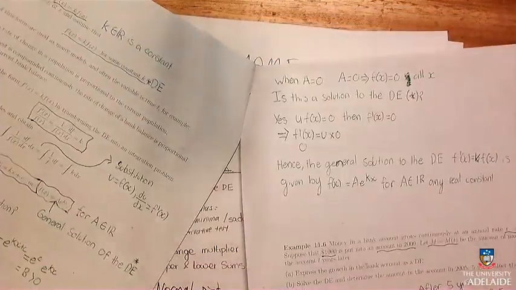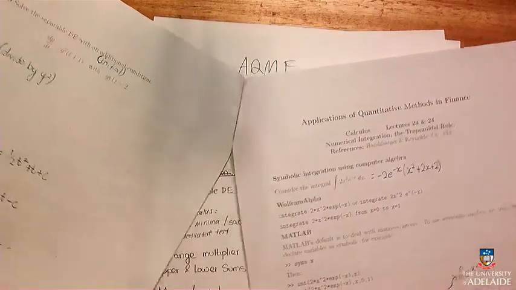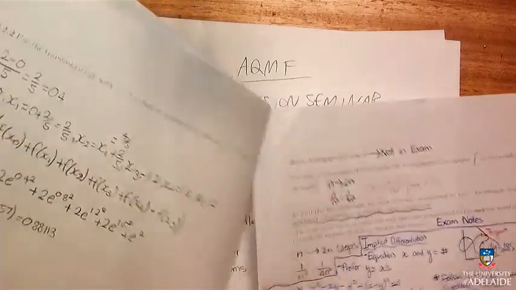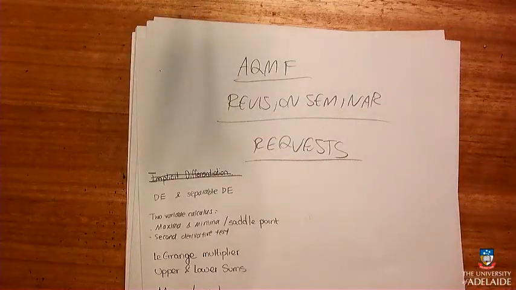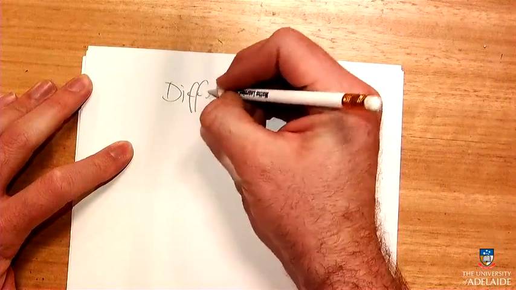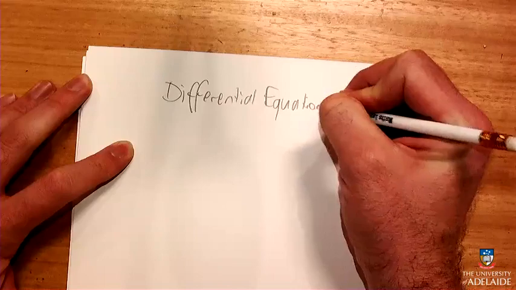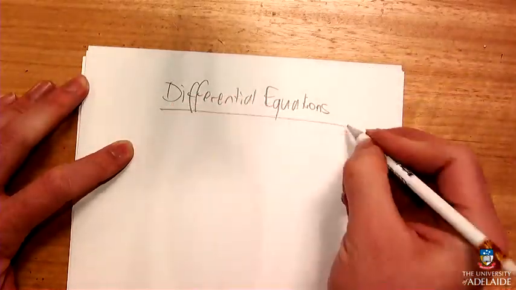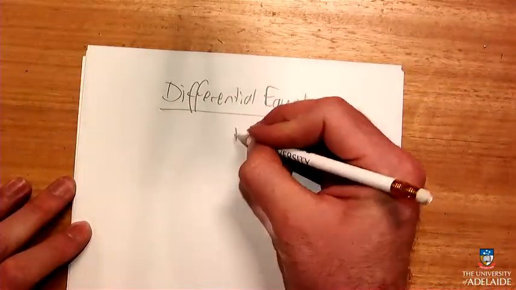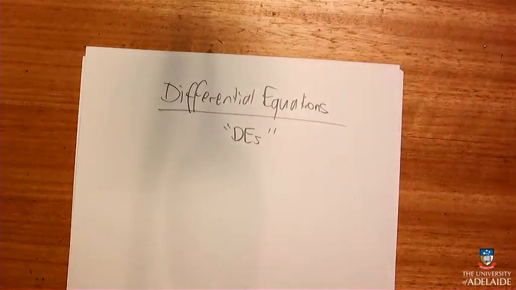Separable. Oh, and then that's the end. Okay, cool. All right, I know what I'm doing now. Some people just shorten this to DEs, in case you want to know.